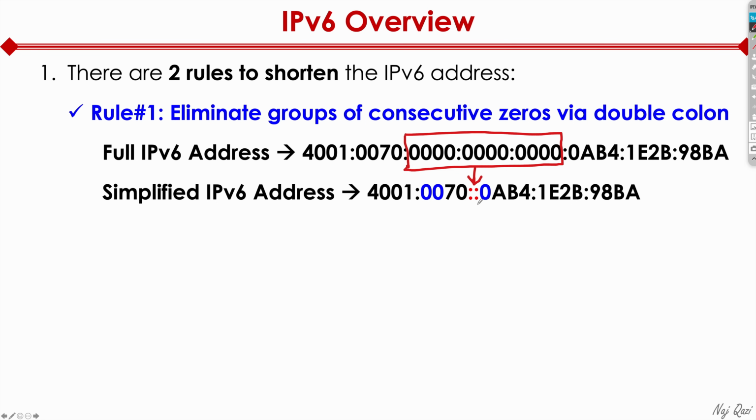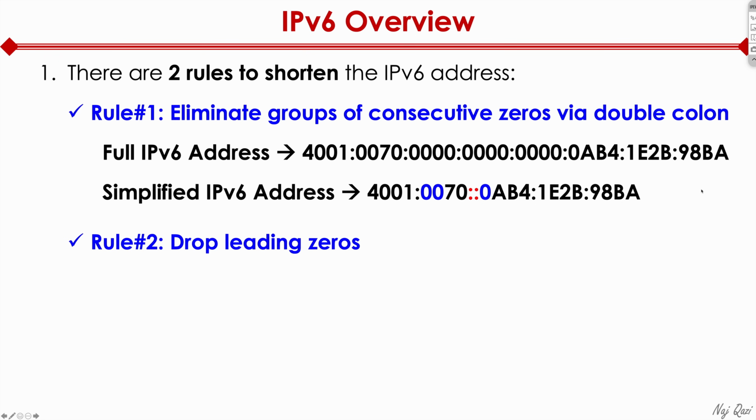So because IPv6's address is ridiculously large, the powers that be who designed IPv6 came up with the strategy of compressing the IPv6 addressing in such a way that we can minimize the address space so it's easier for us to look at and make sense of.